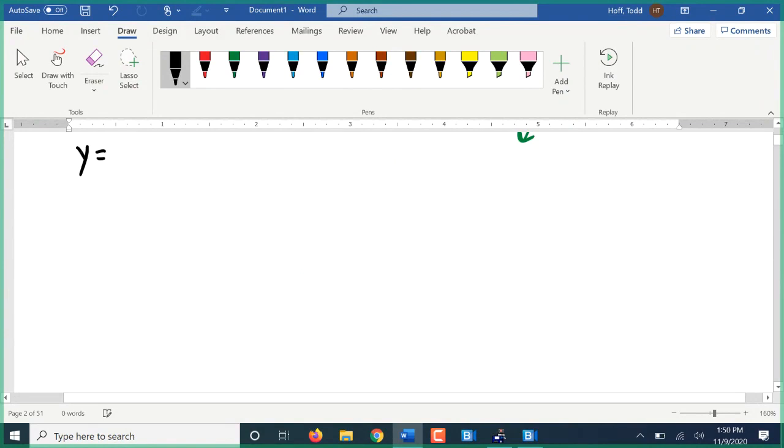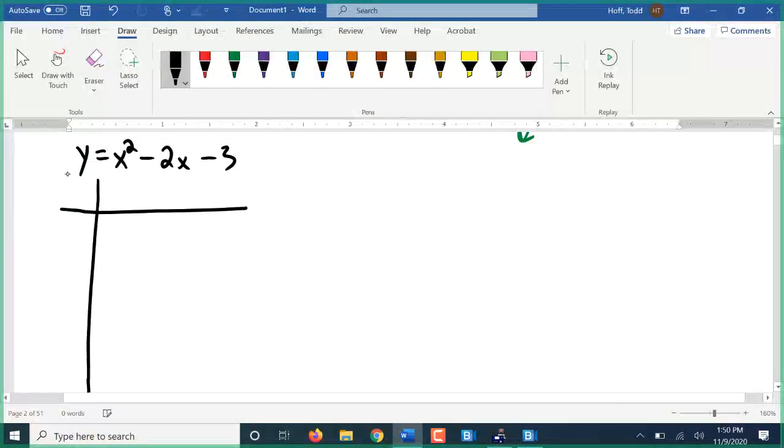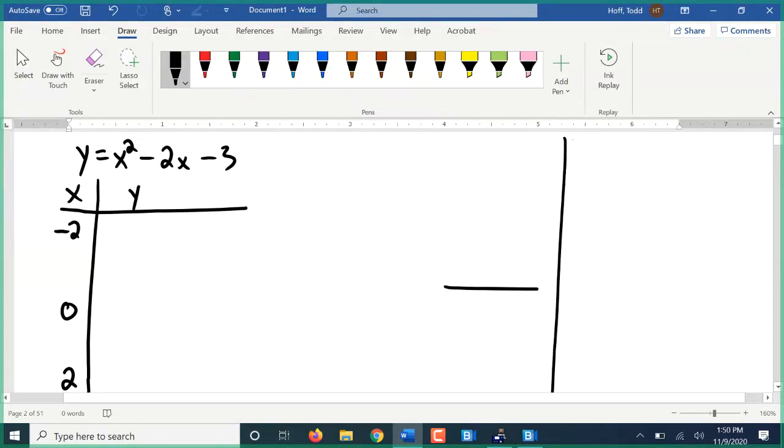We might have y equals x squared minus 2x minus 3. Start out with our table again. I'm going to pick some values for x: negative 2, 0, and positive 2 again. Let's figure out, if x is negative 2, what does y have to be?